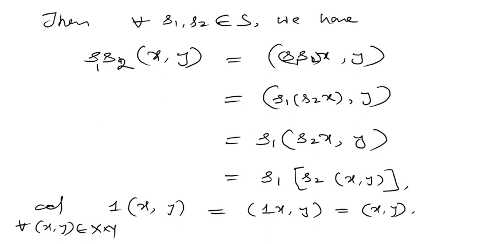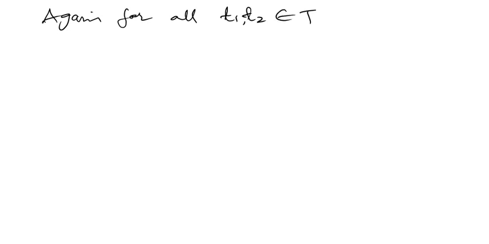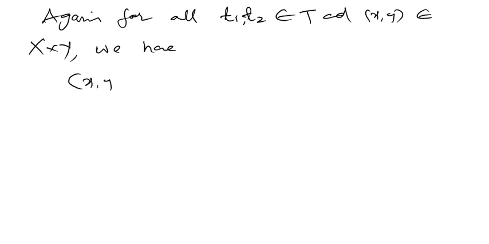So next we check the right T system property. Again, for all t1, t2 in T and (x, y) belongs to X cross Y, we have (x, y)(t1 t2).